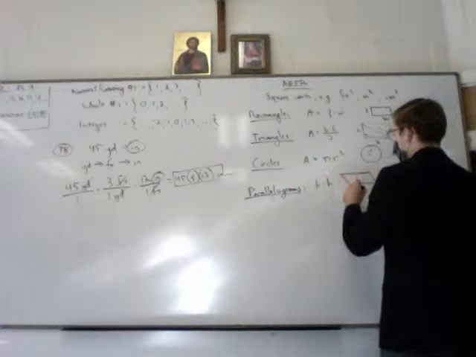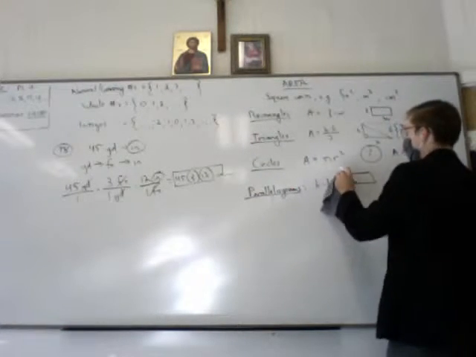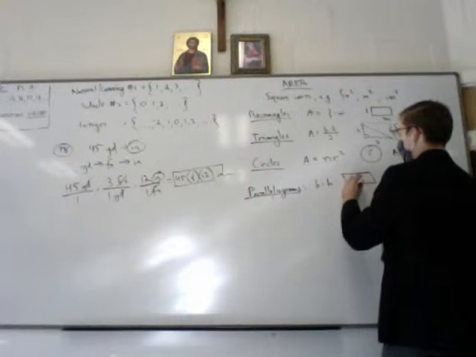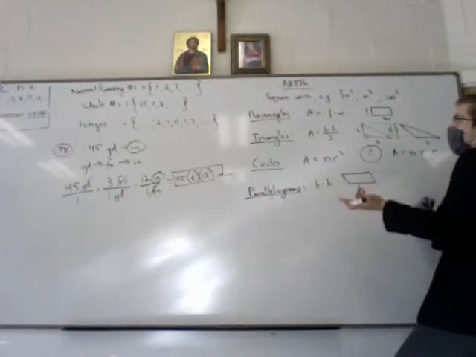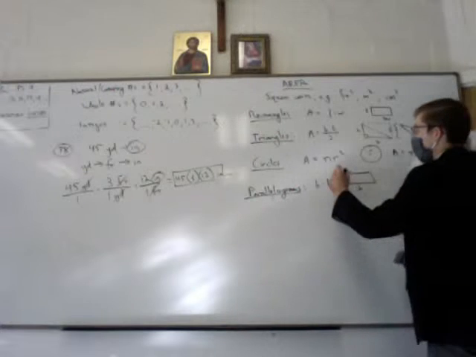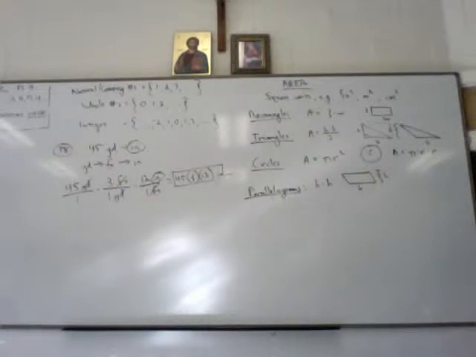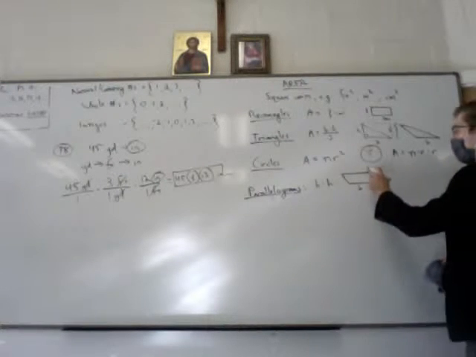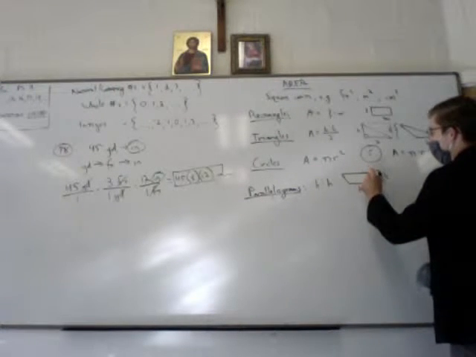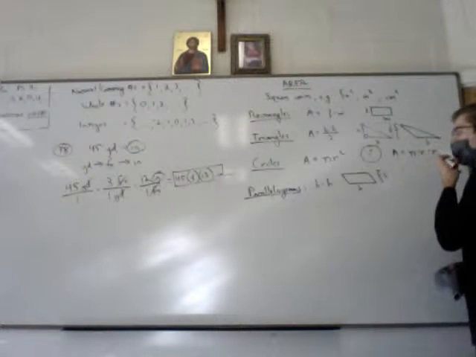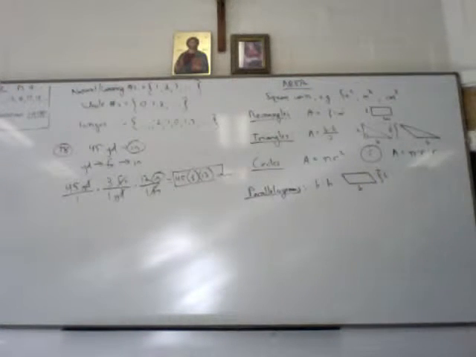So a parallelogram, that's kind of ugly, but we're going to deal with it. The base is like the length of a rectangle, and the height, just like when we're talking about the height of a triangle, is not the length of one of these sloped sides. It's actually at right angles to the base. Okay, the height is that top to bottom thing.